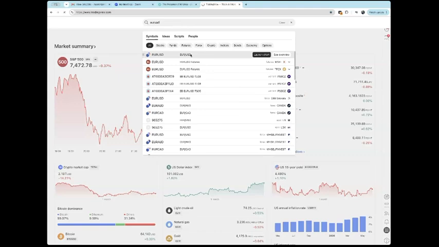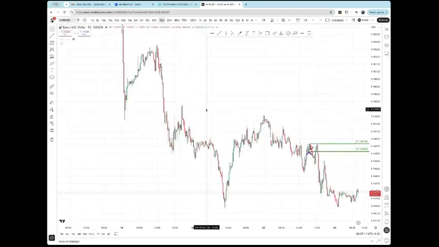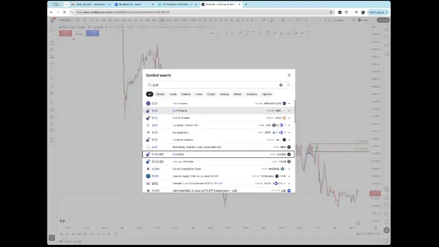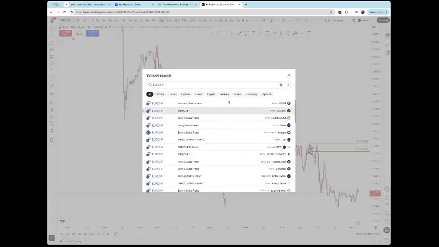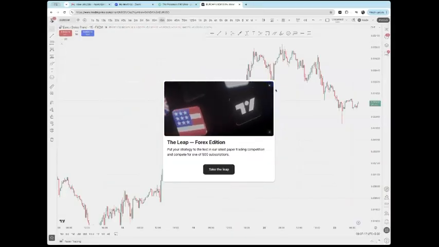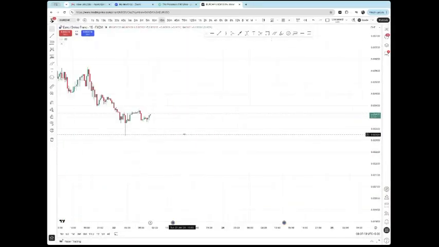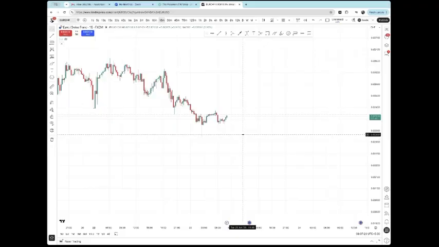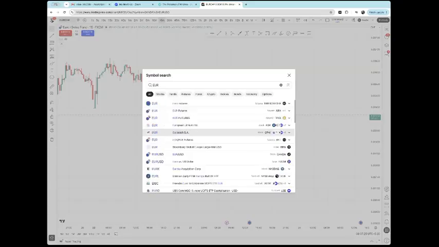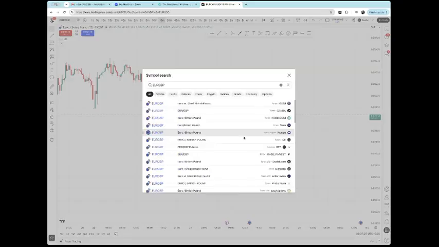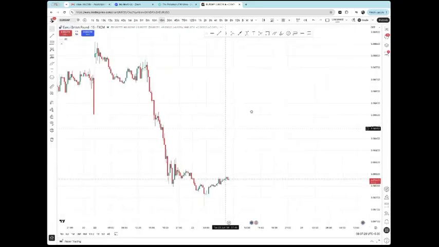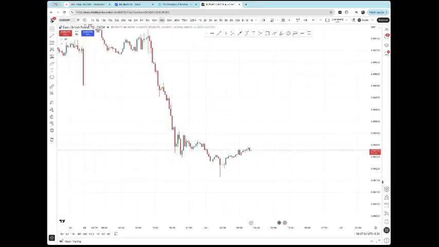Euro AUD is a script, or Euro CHF. Euro CHF is a script. So if we are going to trade into such a script like Euro GBP, this is a cross pair.